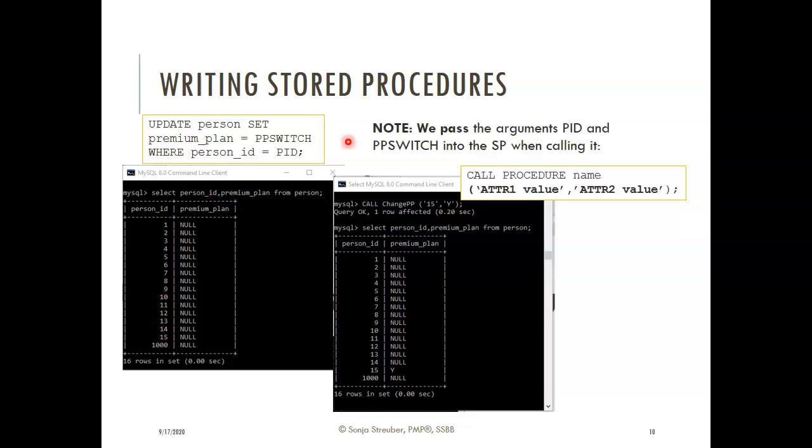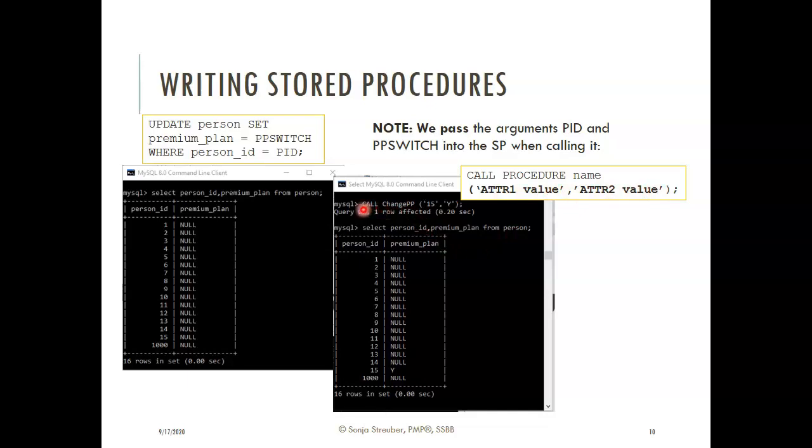So we pass, as you can see, the arguments PID and PP switch into the stored procedure when we call it, with call, and then the name of the procedure, and then the attributes or the variables that we are going to pass.